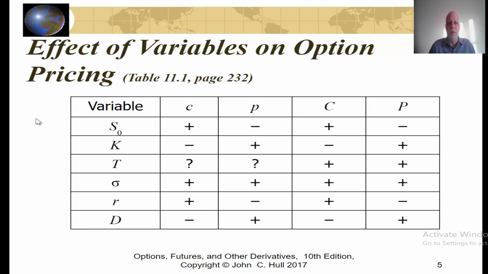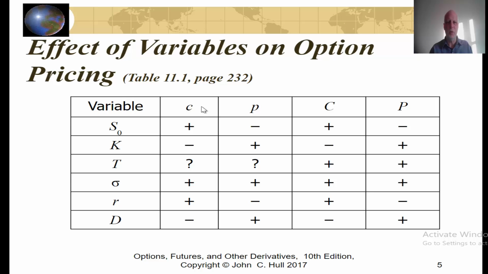Now we will try to get an intuitive understanding of the behavior of option prices with respect to underlying variables. Again, small c and small p are European calls and puts, big C and big P are American calls and puts.